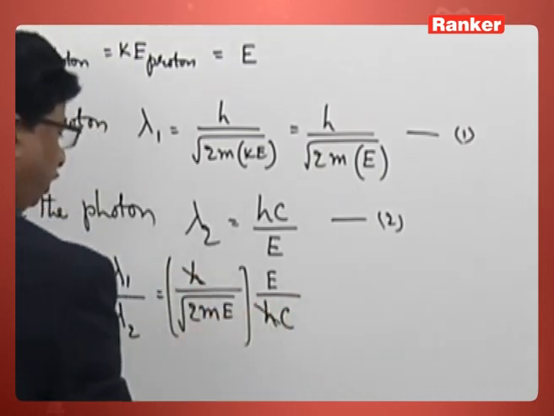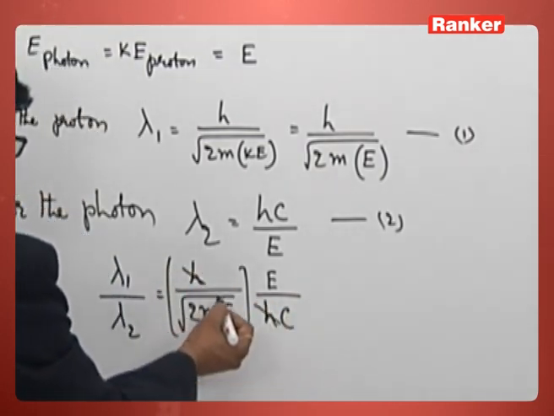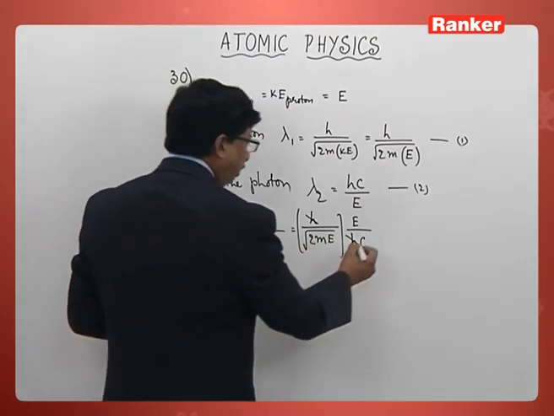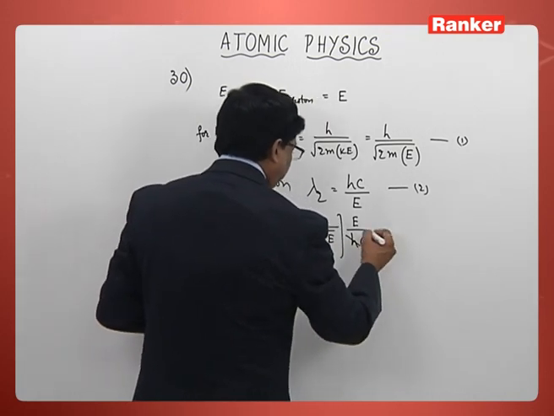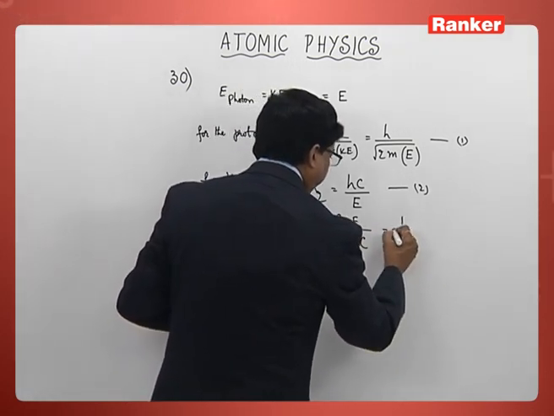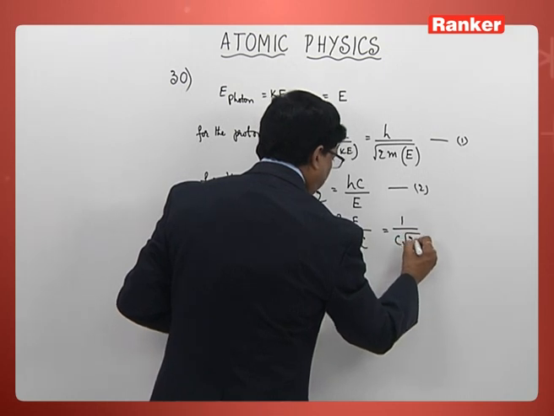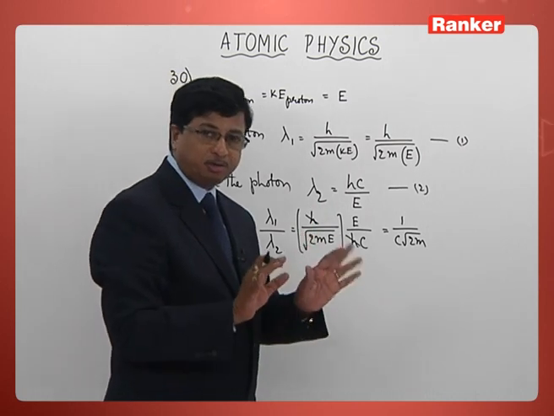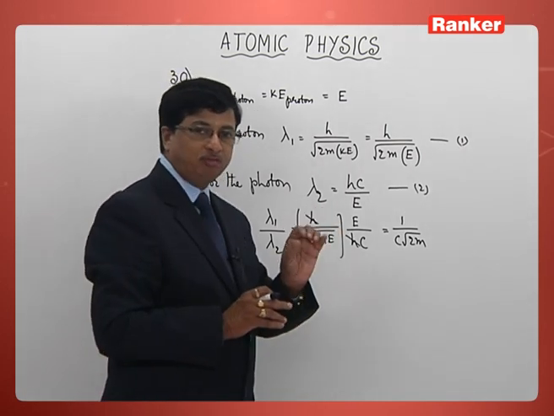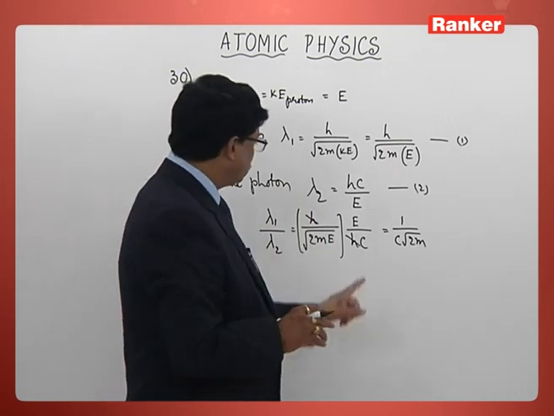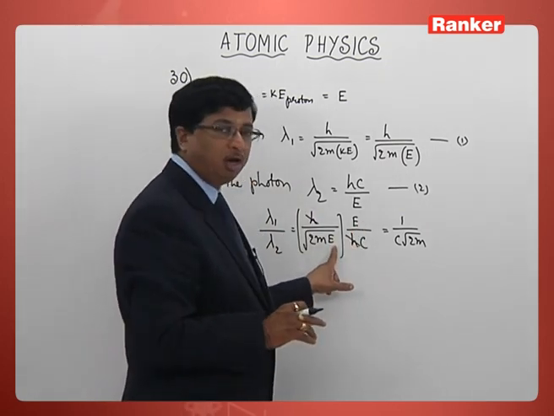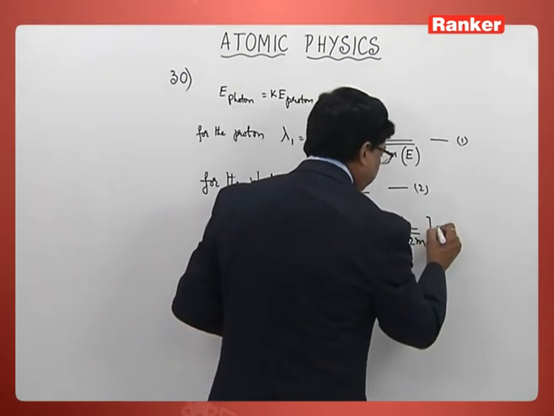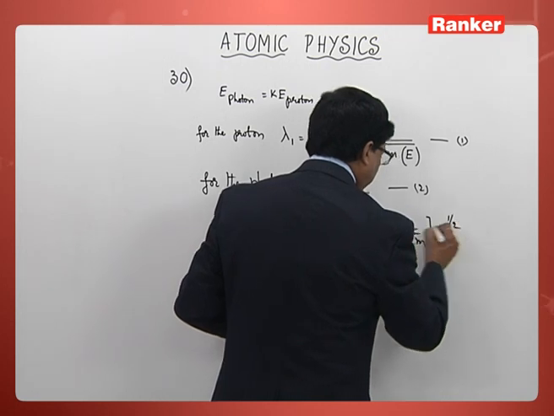H gets cancelled, fine. This is m to the power half, E to the power half, 2 to the power half. This now if I take, right, 1 by c root 2m. You keep these things as it is because we don't need them at all in our problem. Only the relation with energy he is asking. So this is E, this is E power half.